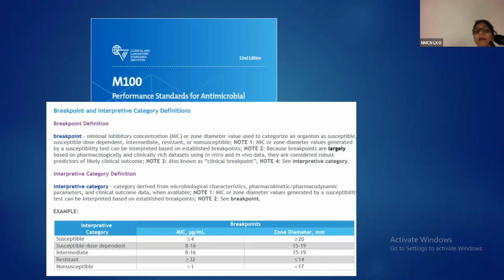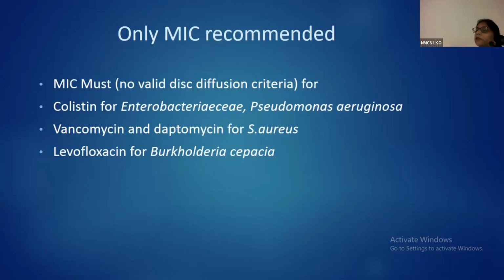All right. But there are certain special circumstances for which disc diffusion, the application of discs, the methodology I told you earlier, is not recommended. Why? Because certain antibiotics cannot penetrate through the culture media which we use for antibiotic testing. For those antibiotics, they have recommended that we do MIC testing only. So what are these drugs where only MIC is recommended? Colistin testing.